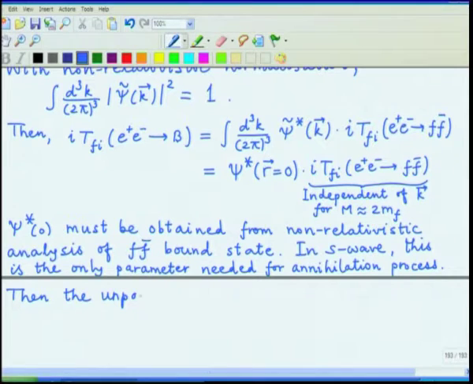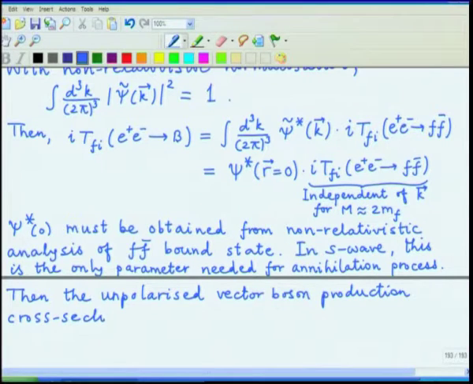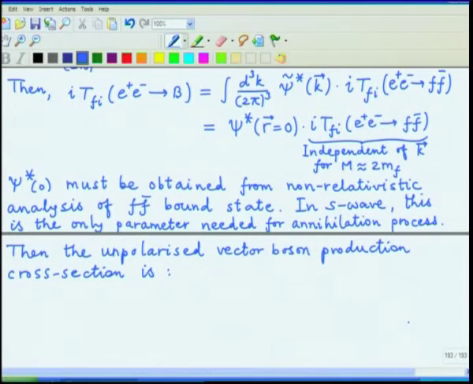Again we will treat the unpolarized vector boson production here.